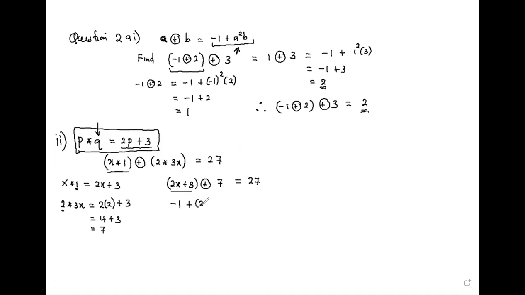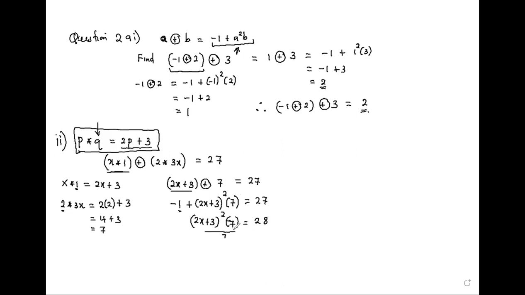So we have 2x plus 3 squared, b, that is 7, is equal to 27. This -1 can go the other side, and we're going to have 2x plus 3 squared by 7 is equal to 28.